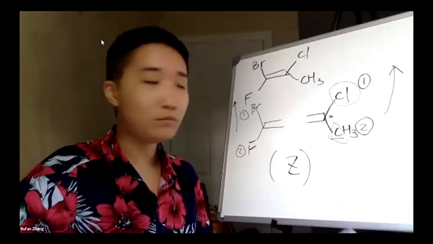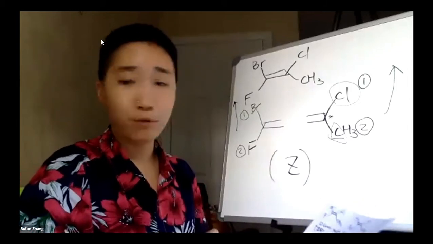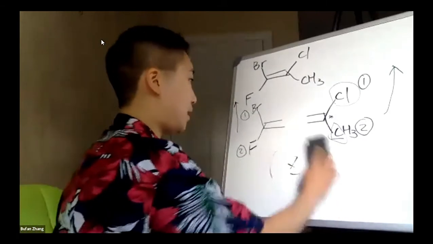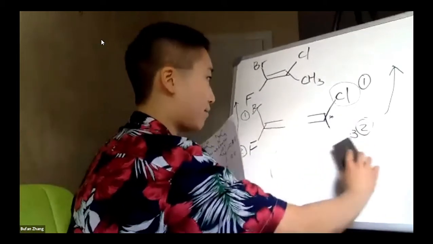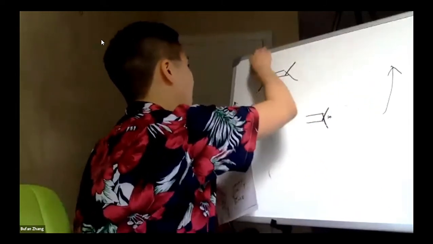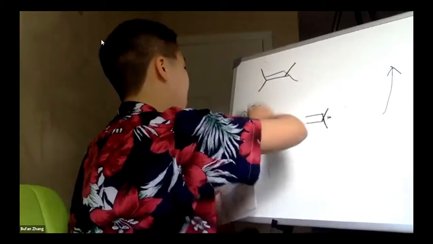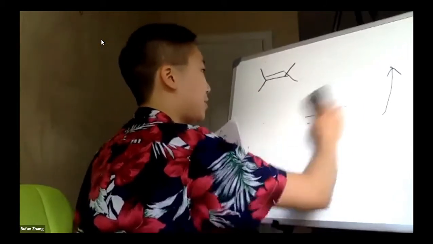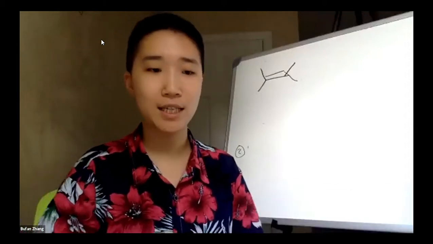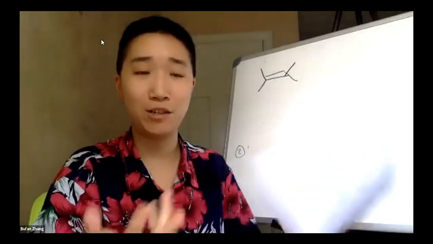So let's practice a little bit more. I'm going to move on to another molecule that is slightly different. So I'm going to introduce you to its geometric isomer. Geometric isomer means that they have the same molecular formula, but they're organized differently geometrically.